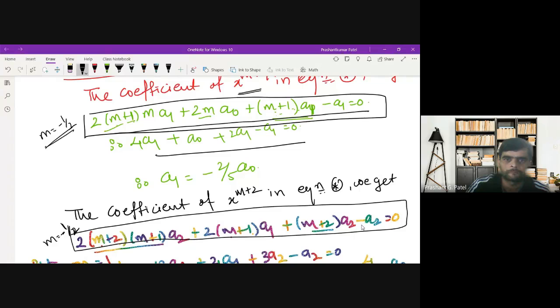This is what we can get. Write down here. If I substitute m equal to -1/2 into this equation, can somebody simplify and tell me what a1 is equal to?